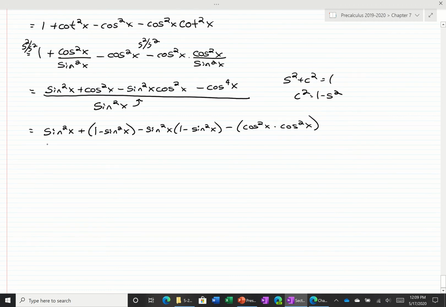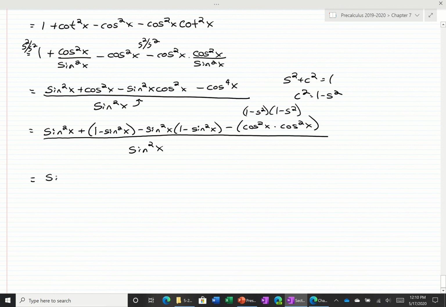All right, let's see. I think I might have taken a long way to do this. I'll post an answer that's a little bit shorter. But cosine squared times cosine squared would be 1 minus sine squared times 1 minus sine squared.